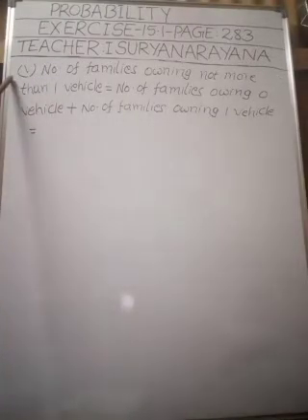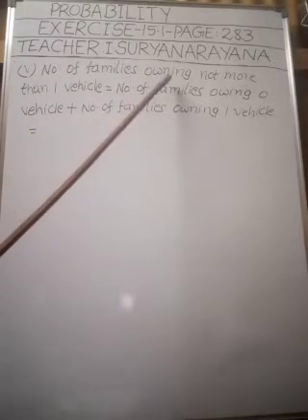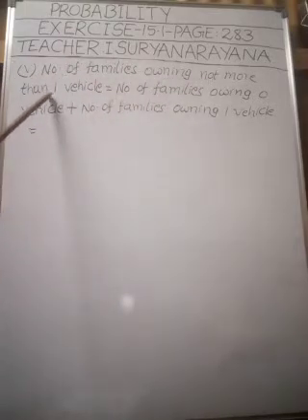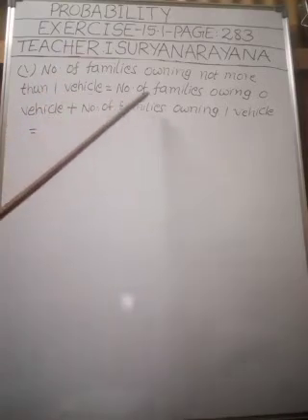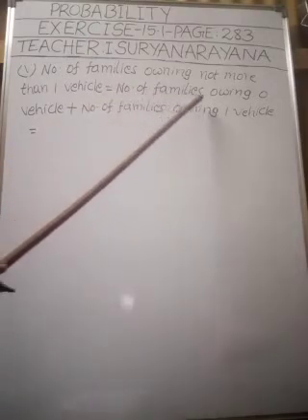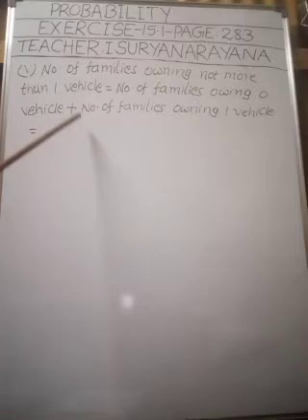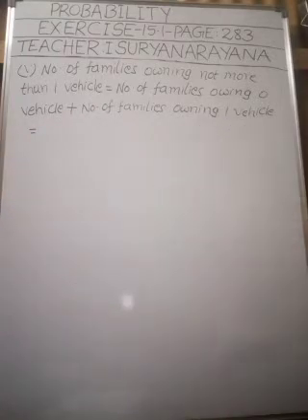Now come to the last part of this question, my children. Number of families owning not more than one vehicle. We have to find first number of families owning not more than one vehicle. We can find this number by adding these two numbers. What are the two numbers? Number of families owning zero vehicle plus number of families owning exactly one vehicle. Okay, my children. Right.